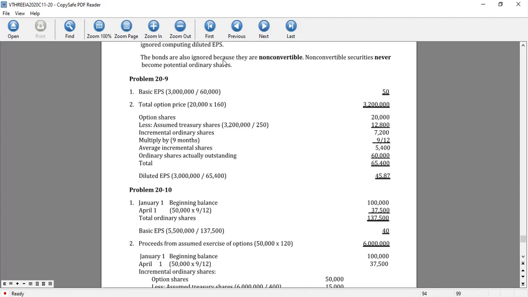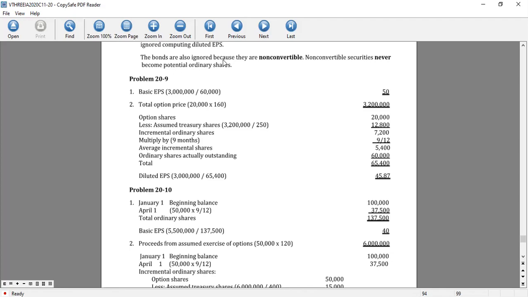So we have the average incremental shares of 5,400. We compare with ordinary shares actually outstanding of 60,000. So total of 65,400.